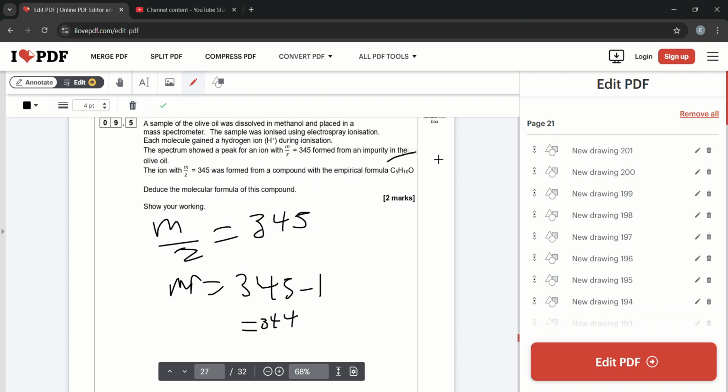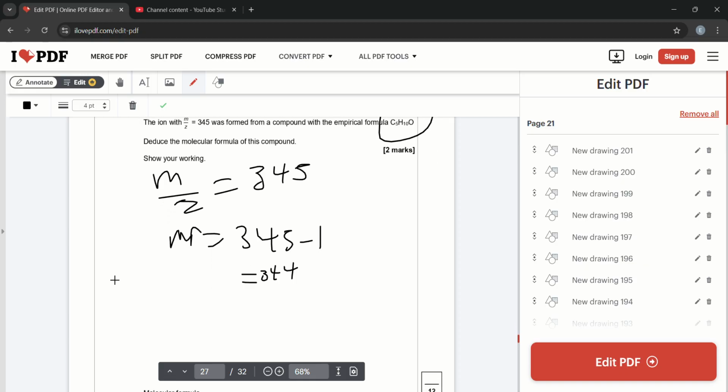What we're trying to find is a molecular formula, and it's given us an empirical formula. Now let's find out the Mr of C5H10O: 12 times 5 is 60, plus 10 is 70, plus 16 is 86. The Mr of C5H10O is 86, and we know the Mr should equal 344 for this compound.